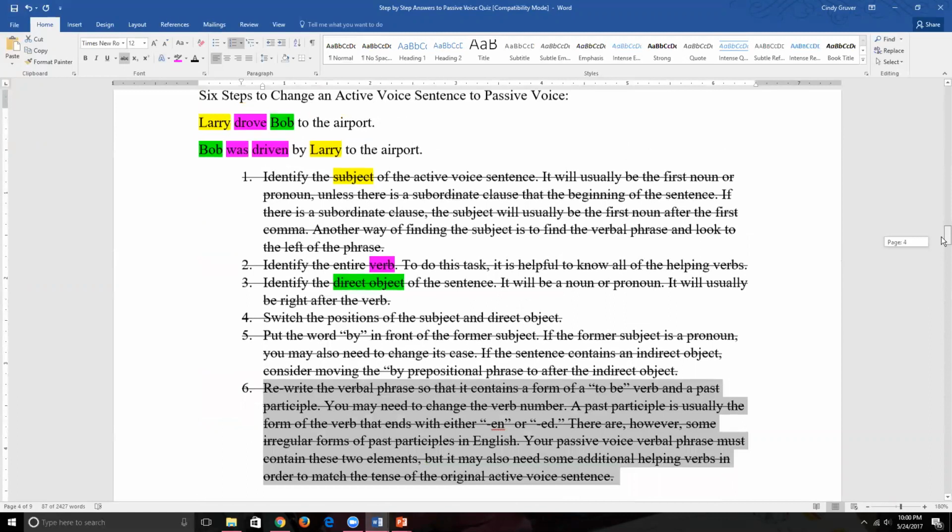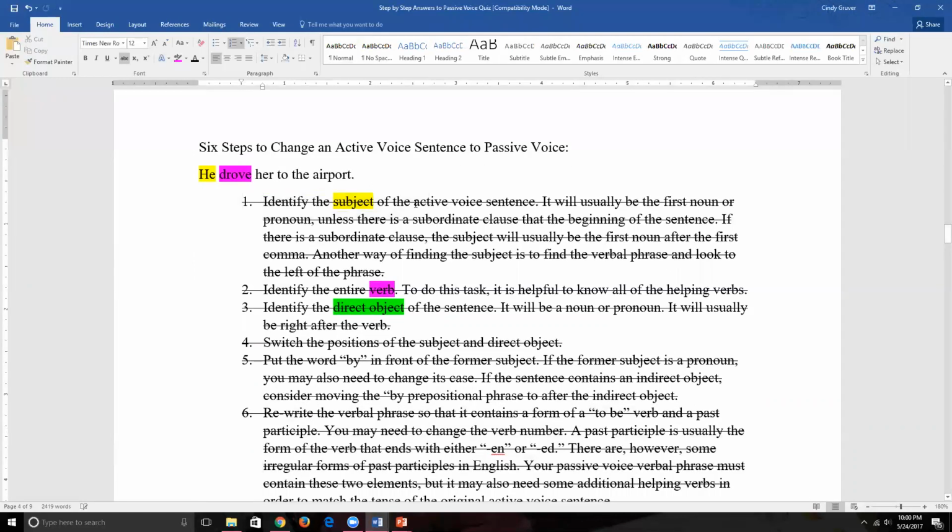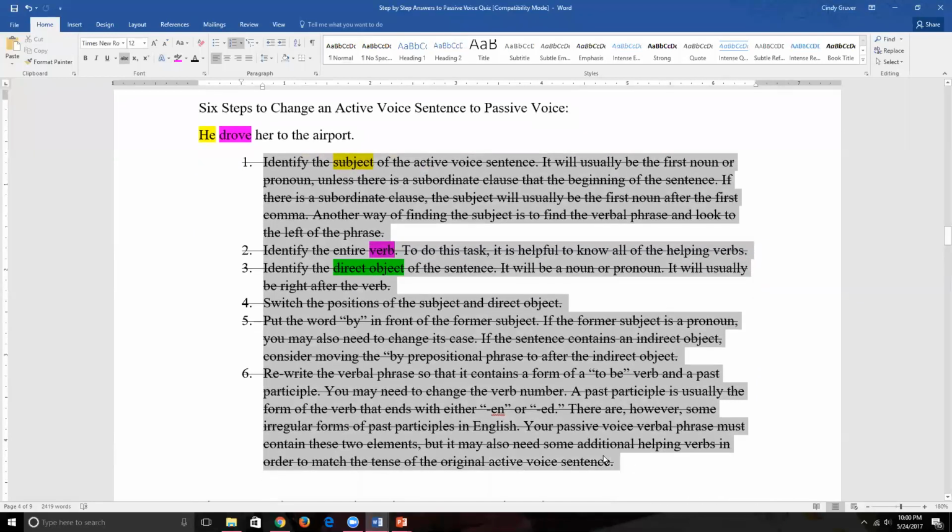Okay, I'm going to switch things up a little bit, and I'm going to make this he drove her to the airport. That's our initial sentence. Okay, so let's get started identifying our parts.